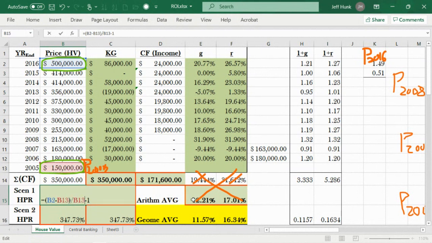Basically, the concept of holding period return is PT plus N minus PT over PT. And this PT plus N minus PT is called capital gains. I could also do it simply by dividing the capital gains, C14, by PT, right? Still get the same result, right?